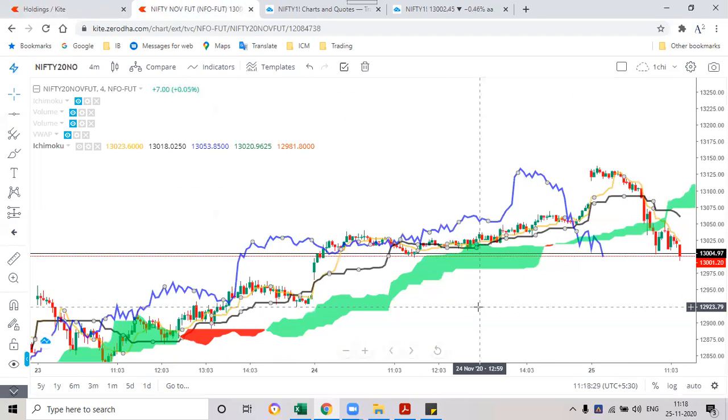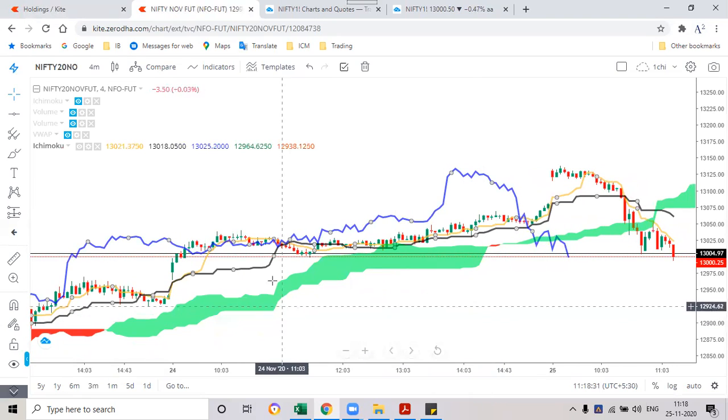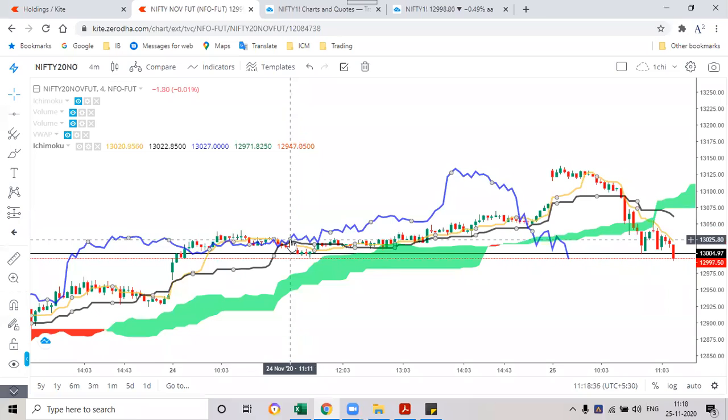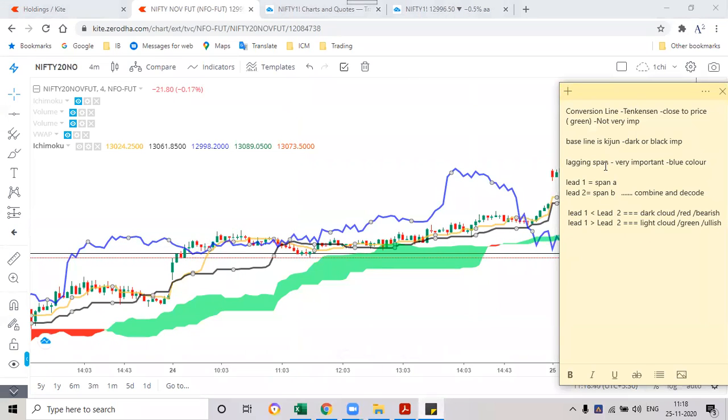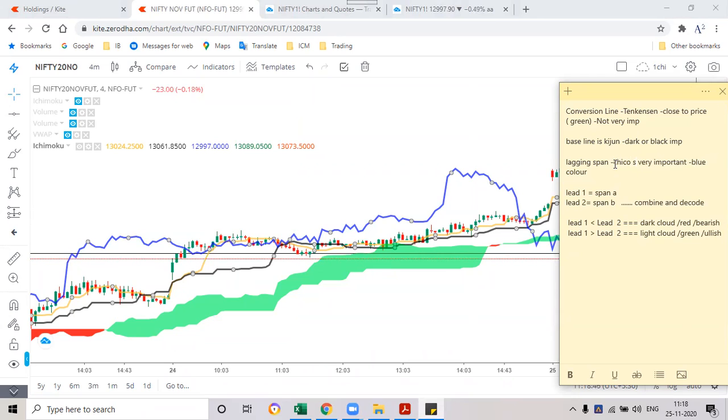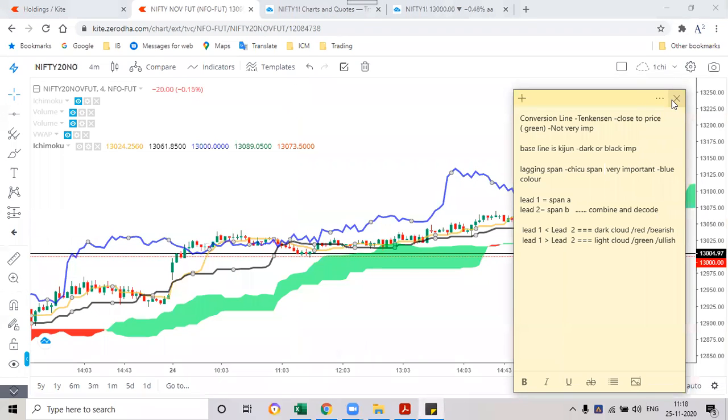Now, the second rule that you have to keep in mind is this blue color line, what we call the lagging span, also called the Chikou span. Remember, the Chikou span should also be above the price.